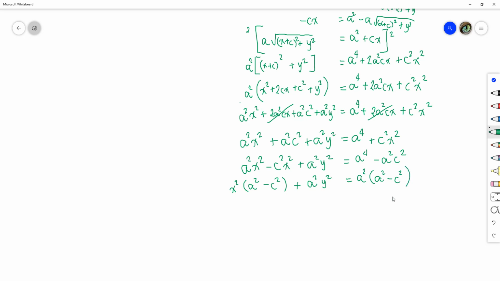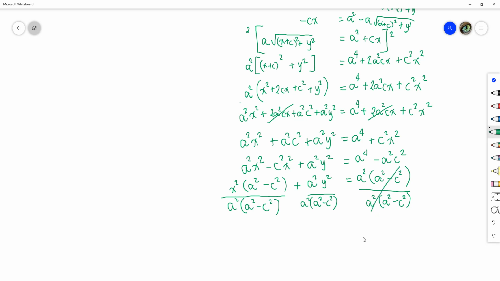Now, we are going to divide both sides with this term. Okay, so divide both sides with a squared times the quantity of a squared minus c squared. Here we have the a squared times the quantity of a squared minus c squared, so this would be divided out, which is equal to 1.